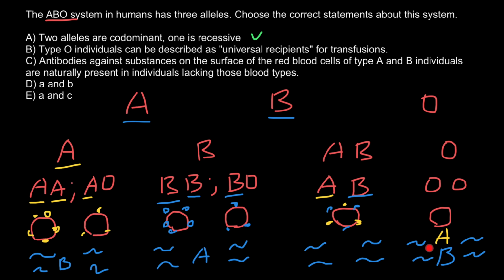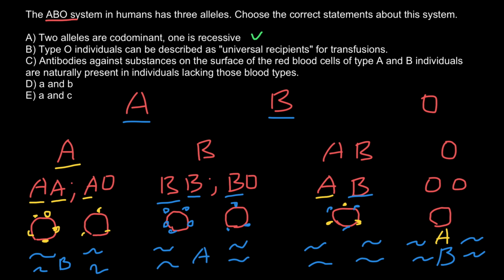Can recipient blood group O get blood from the blood group B? Again, the blood serum has antibodies B, which also would destroy these red blood cells. So no, cannot get.